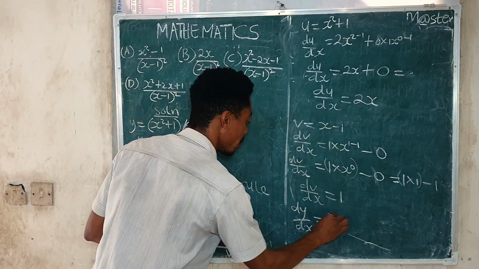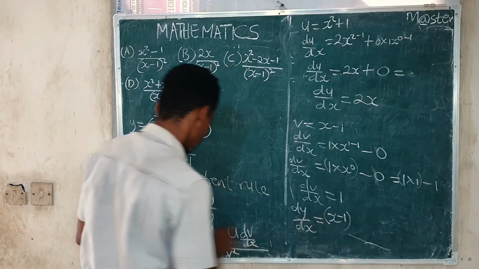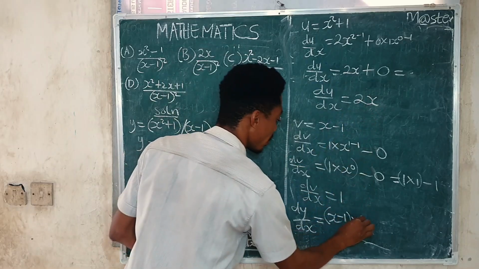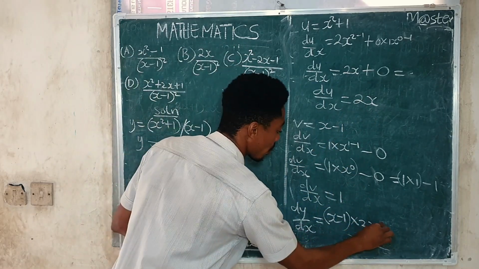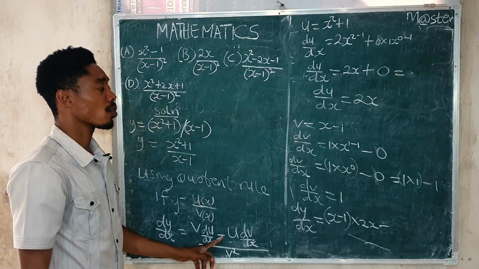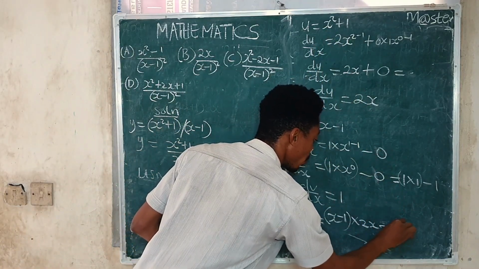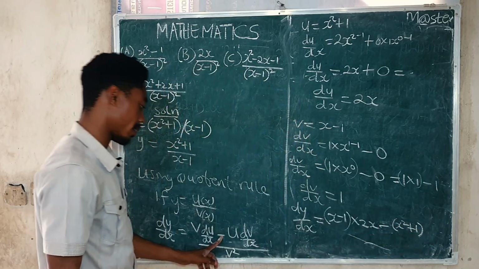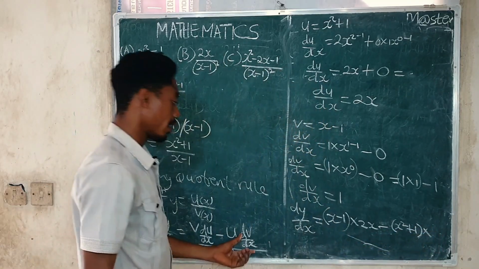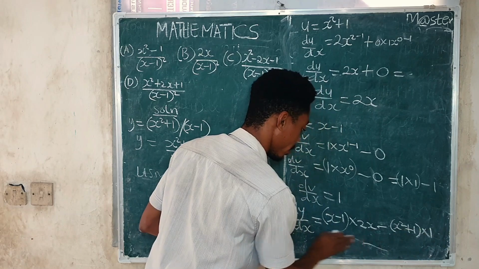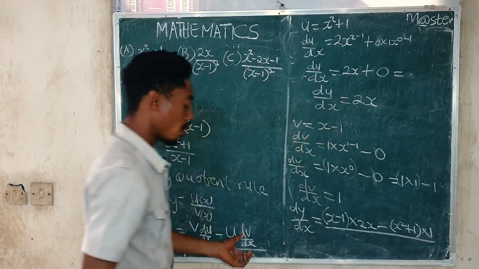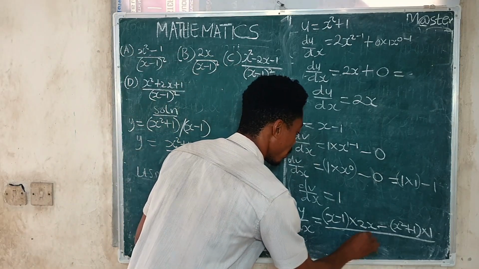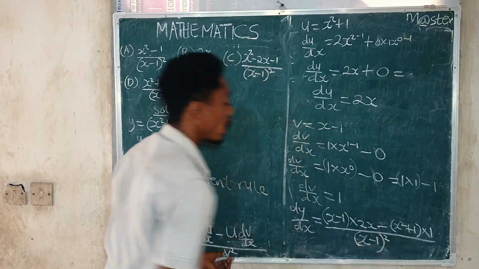Let's not forget what v is: x minus 1, times du/dx, which is 2x, minus u, which is x squared plus 1, close the bracket, times dv/dx, which is 1, all over v squared. v is x minus 1, so that's x minus 1 all squared.